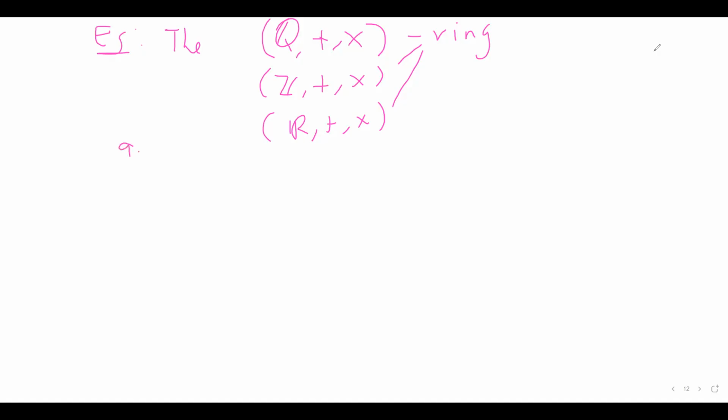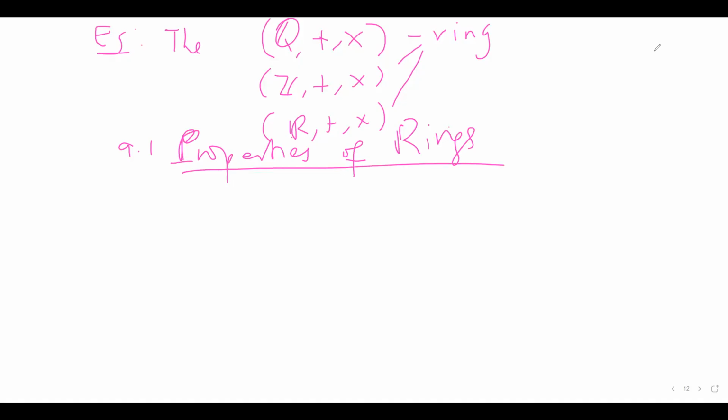So now we talk about the properties of rings. One is that if you have A plus B equal to A plus C, then this implies that B is equal to C. So I'm sure you saw similar properties for groups.